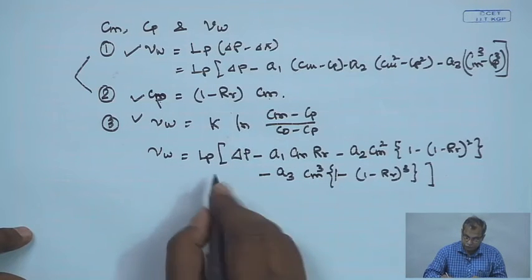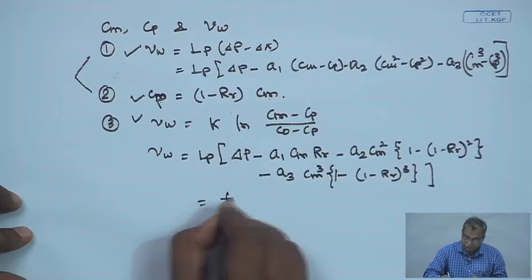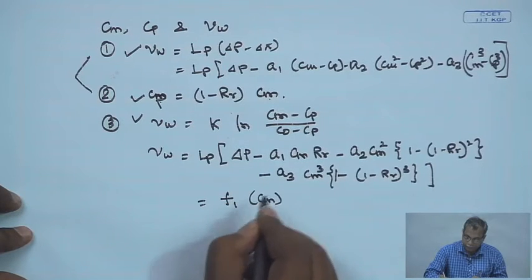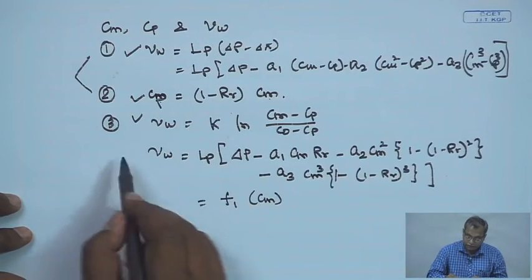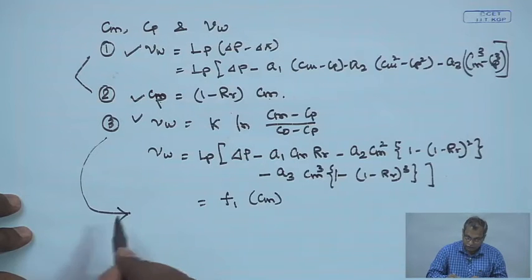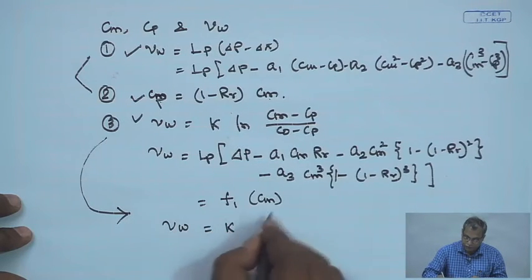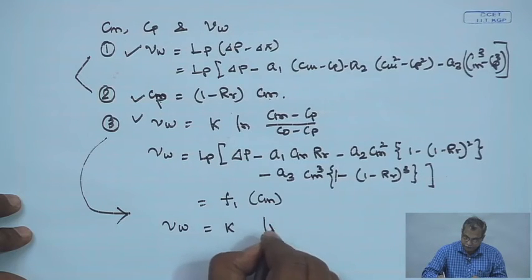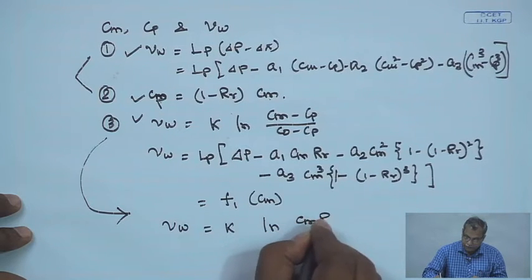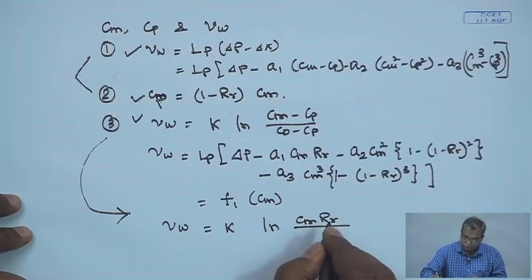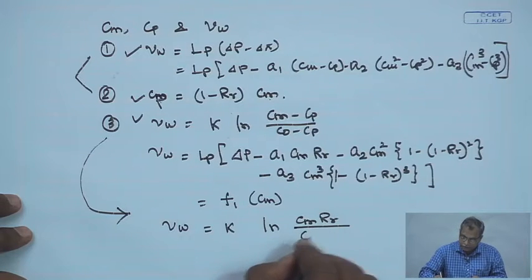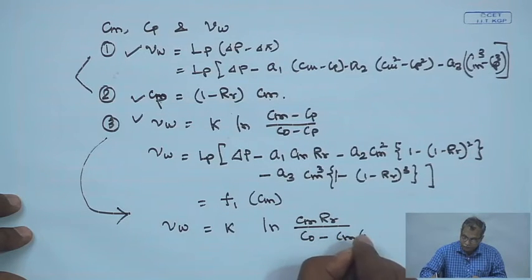So, Vw will be some function of Cm, and we can write the third equation, the film theory model, as Vw equal to K ln of (Cm minus Cp), that is, ln of Cm times Rr divided by C naught minus Cm times (1 minus Rr).